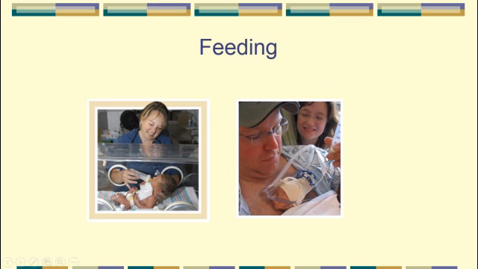On the right-hand side, you can see, I presume his father is holding him. Skin-to-skin care, sometimes called kangaroo care, where the child is just wearing a diaper and laying against the skin of the parent. Obviously this baby is not going to be able to eat by mouth, but you can see that the dad is holding up the feeding tube.